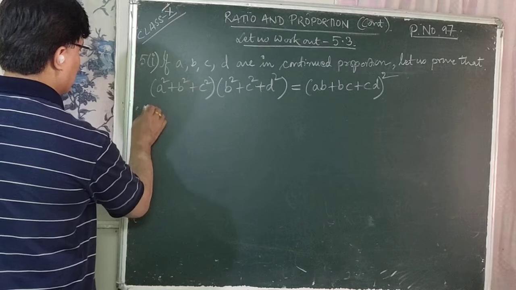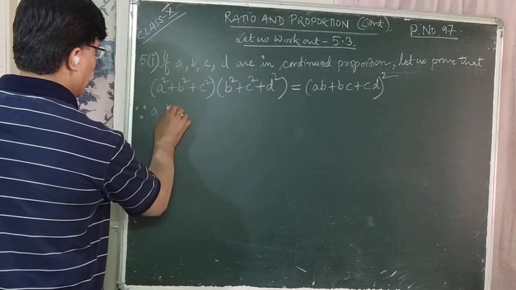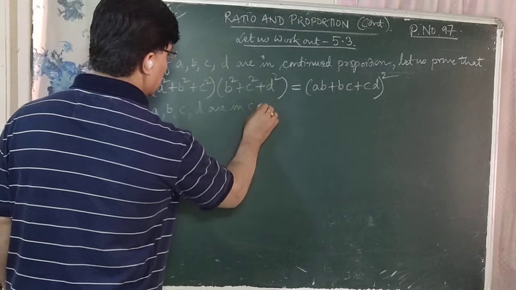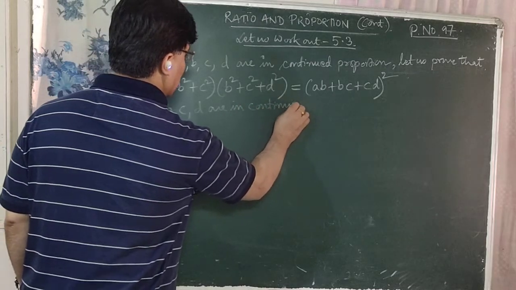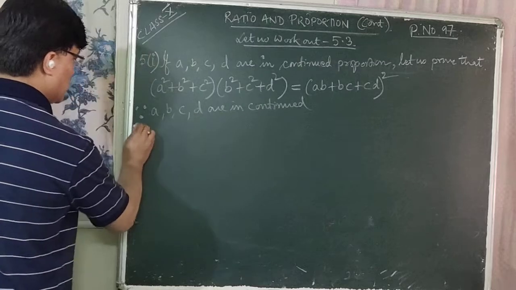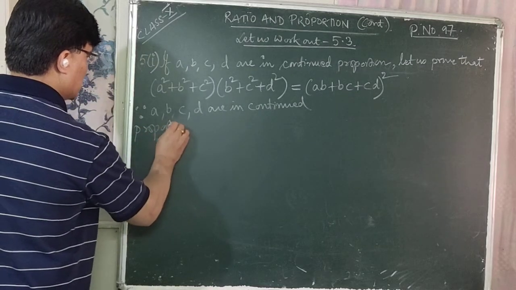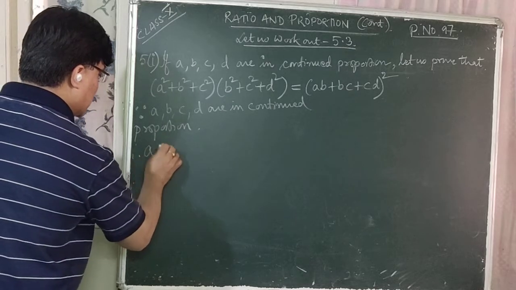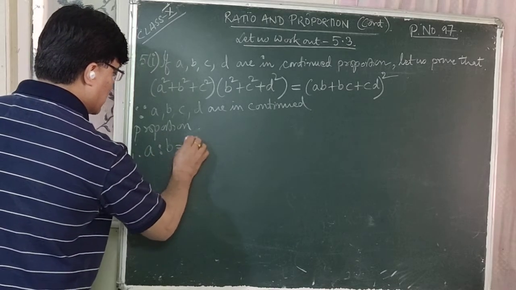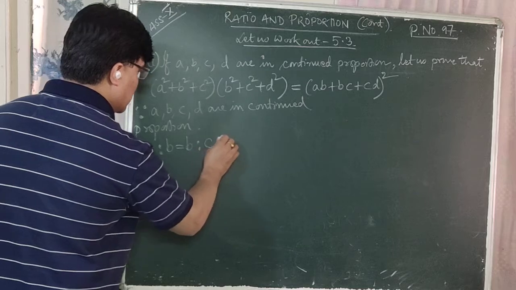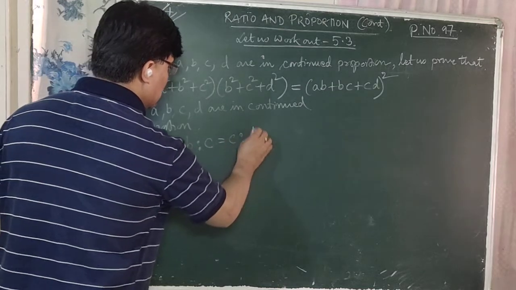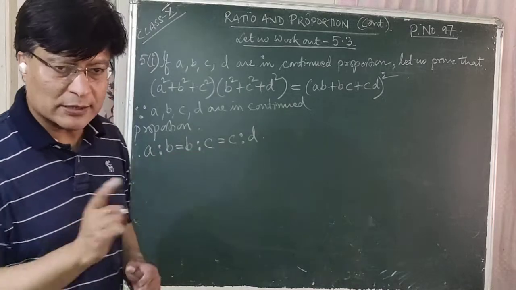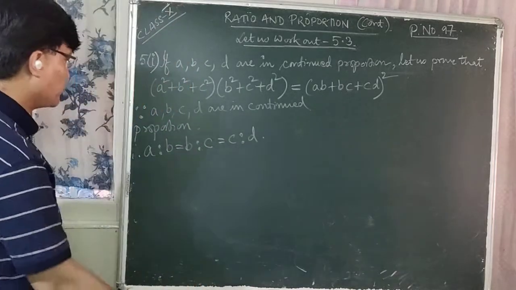So here let us write, since a, b, c, d are in continued proportion, therefore a is to b is equal to b is to c is equal to c is to d. Here b is repeated, c is also repeated because they are in continued proportion.